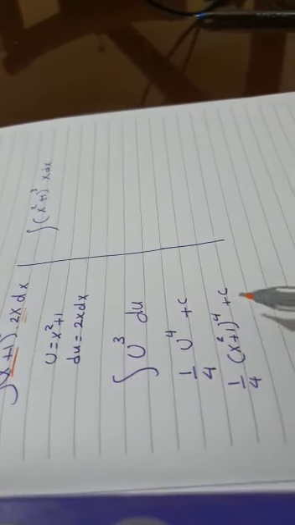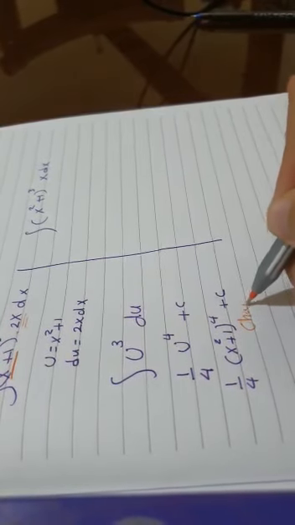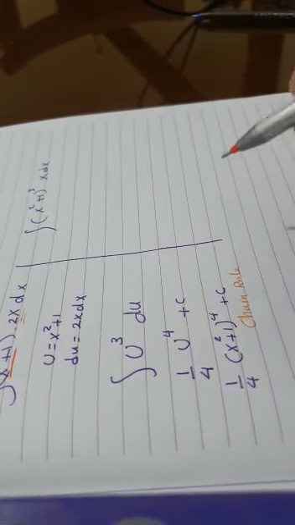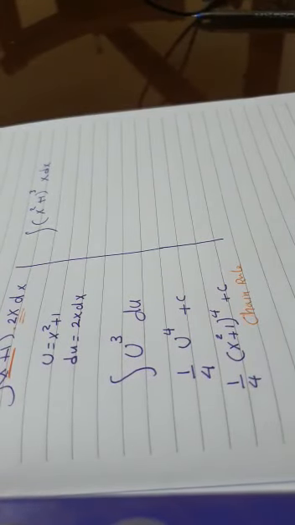Now to check our answer, we are just going to use the chain rule in differentiation. If you remember, we said that the chain rule is comparable with U substitution.